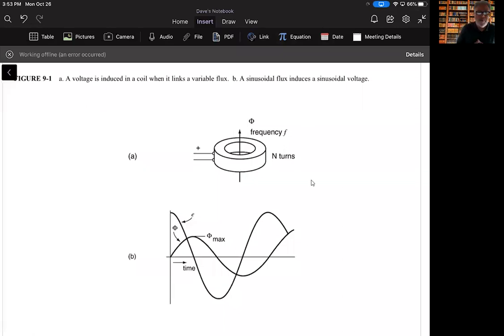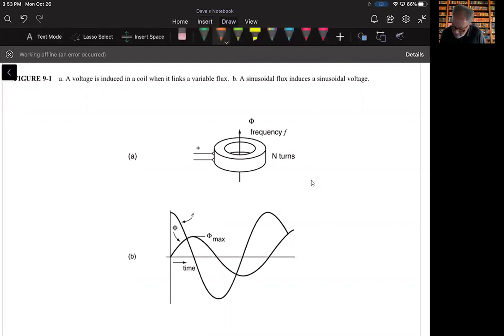As we begin this thought process of how a transformer works, I want you to look at figure 9.1, part A, and imagine that this is a coil. A coil is simply a conductor wire wrapped around some ferromagnetic material, and internal to this coil is a changing magnetic flux.